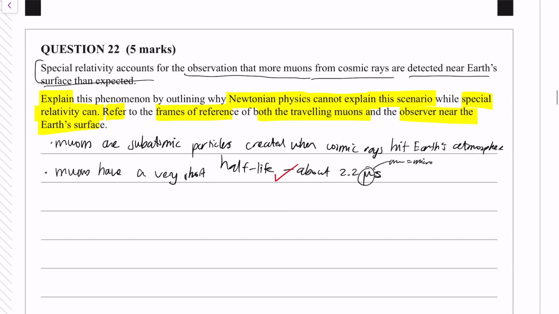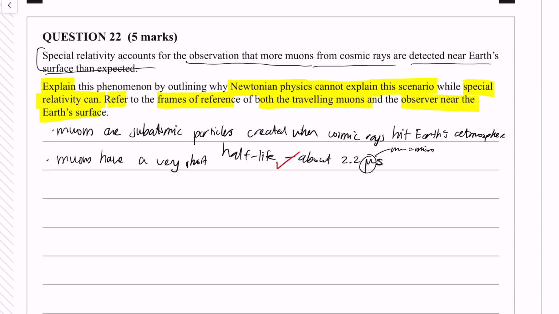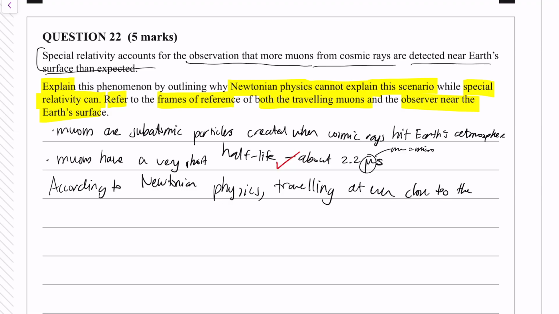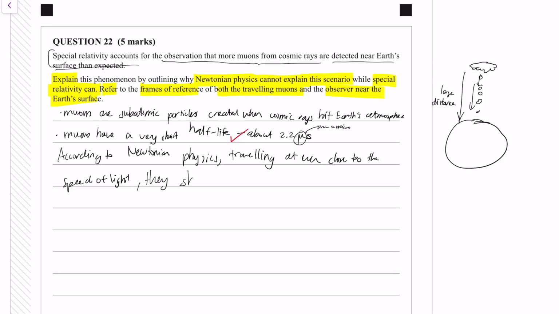Okay, so according to Newtonian physics, even if the muons are traveling at even close to the speed of light, they, as in the muons, should not survive the full trip to Earth's surface.